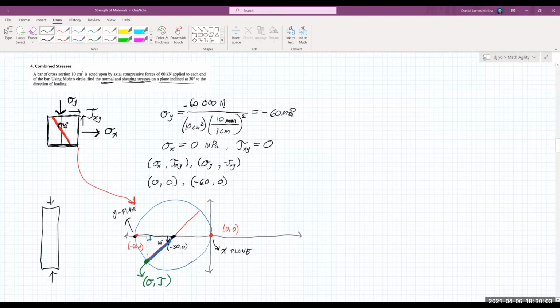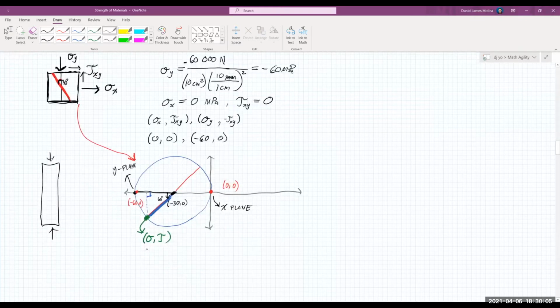So the normal stress will be this length here. So the normal stress is equal to what? We have the radius. Sorry. So we have R here. Okay, the radius. Plus, we also have a radius here, which is the hypotenuse of the given right triangle, but it will be multiplied by cosine of 60 degrees.